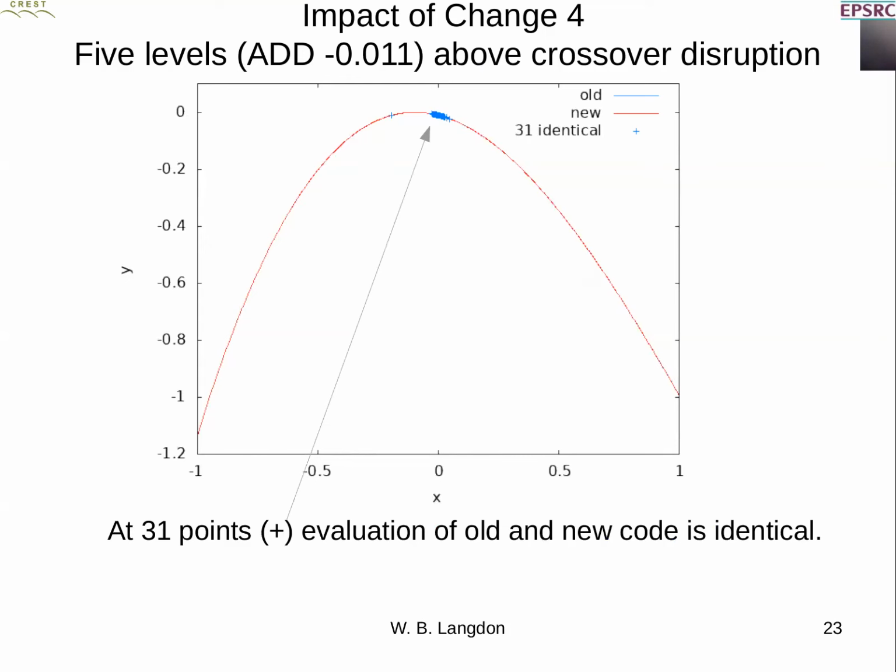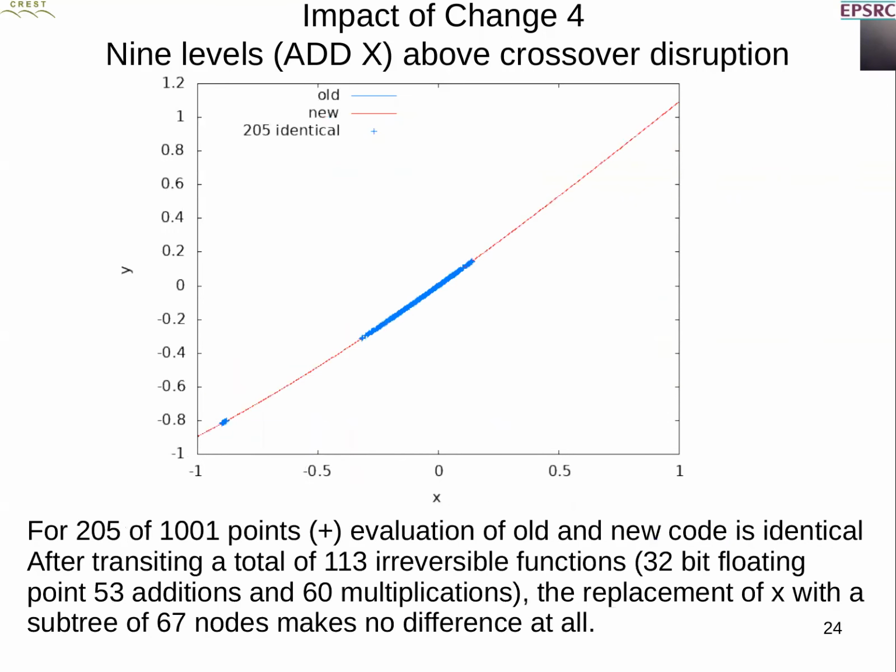And on 31 points, they're absolutely identical. Again, slightly further up the tree, the parent and the mutant are, again, almost identical evaluations. And on a fifth of our test cases, which is shown with the blue crosses, they are absolutely identical.